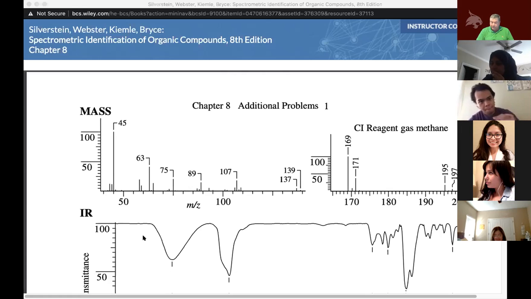Okay, it should be the plus 15 peak then, yeah, for methane. Yeah, it's plus 15 for methane. You are correct. I looked at the wrong table. So 179 minus 15 is equal to 182.